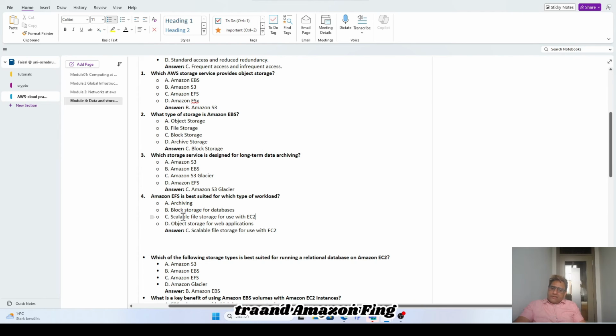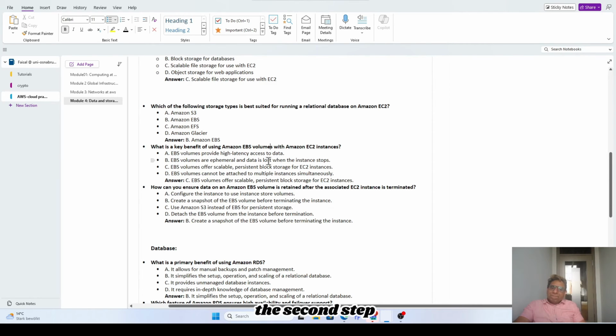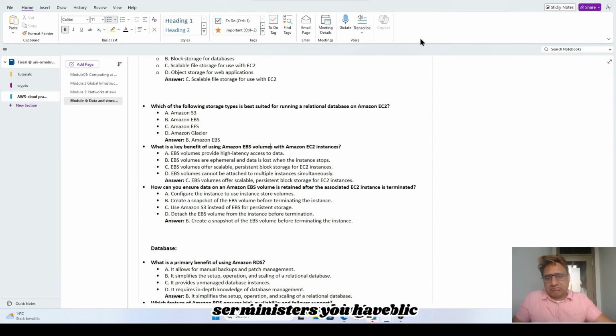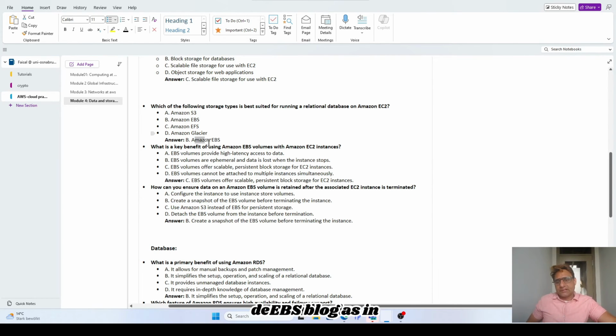And Amazon EFS, Elastic File System, for which type of workload, when you need to do something scalable. Then which of the following storage types is for running relational databases on an EC2 instance? Yeah, for sure, EBS block, as I have shown you on the storage types. And what is the key benefit of using EBS?